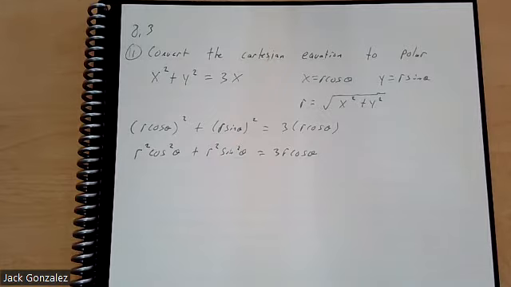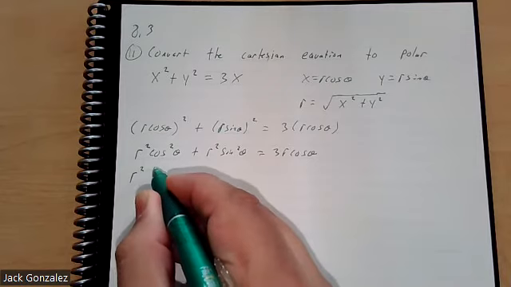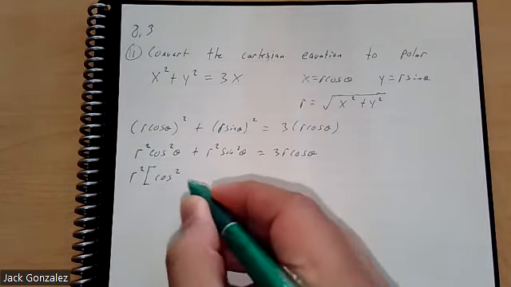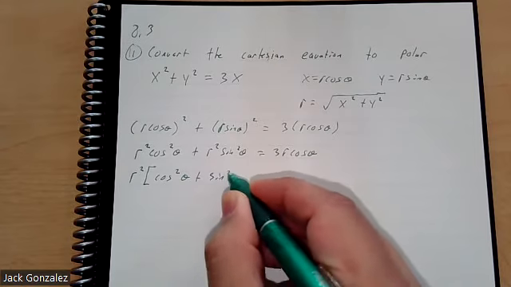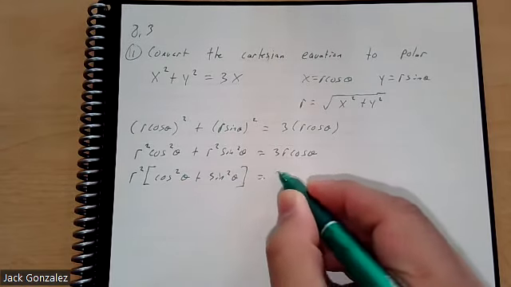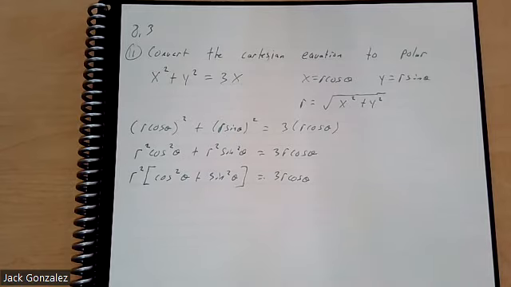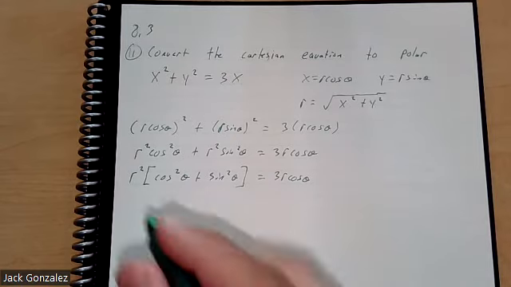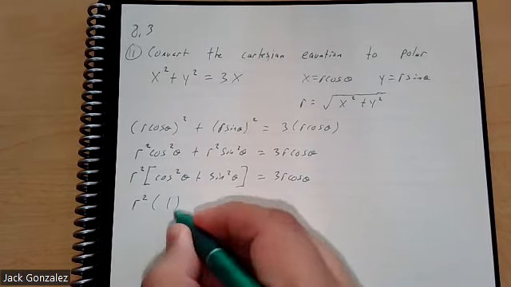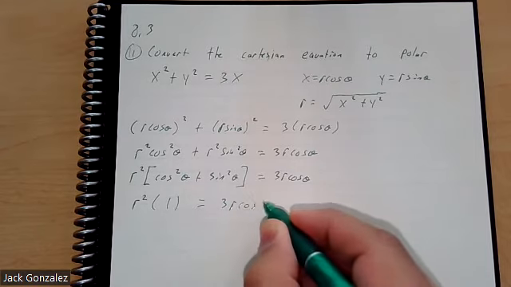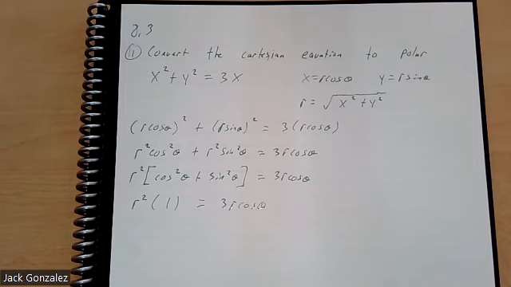So at this point, you've technically already gotten to polar. So just start simplifying as much as you can. You should see a Pythagorean identity right here. So factor the r squared, and notice this is equal to 1, right? So that becomes 1. Cool. If you get to this point, it's good enough for me, but you can still keep going.